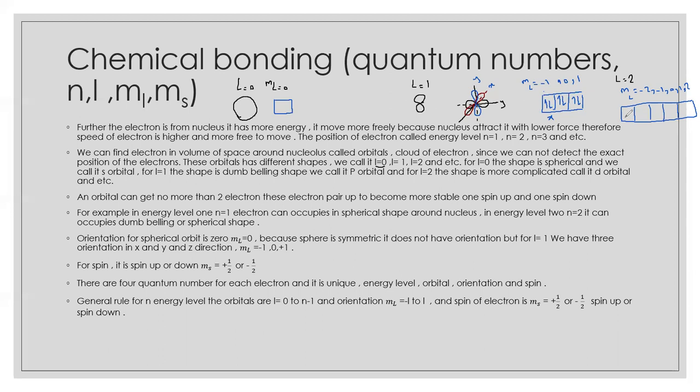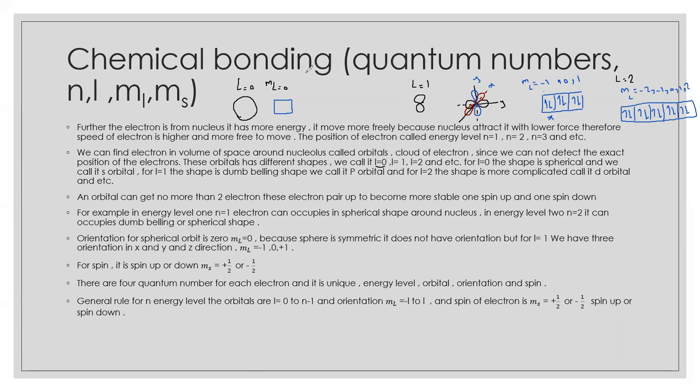Again, each of those can occupy 2 electrons. So this is for ml -2. This box is for ml -1. This box is for ml 0. This box is for ml 1, and here is for 2.